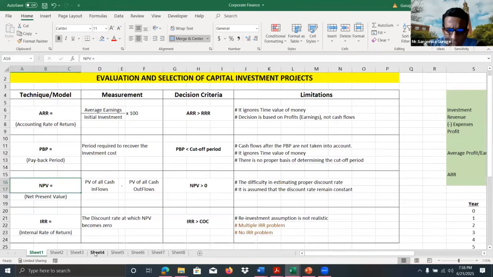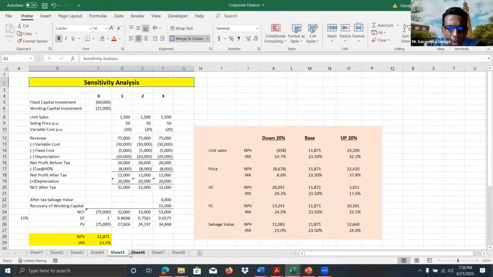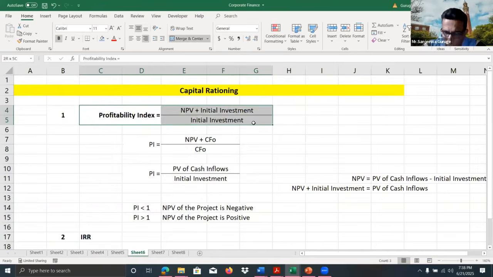To calculate the profitability index, there are different formulas. So this is one method: NPV plus initial investment divided by initial investment. But when I see the study guide for this module, the profitability index has been calculated as NPV divided by the initial investment, as a percentage.